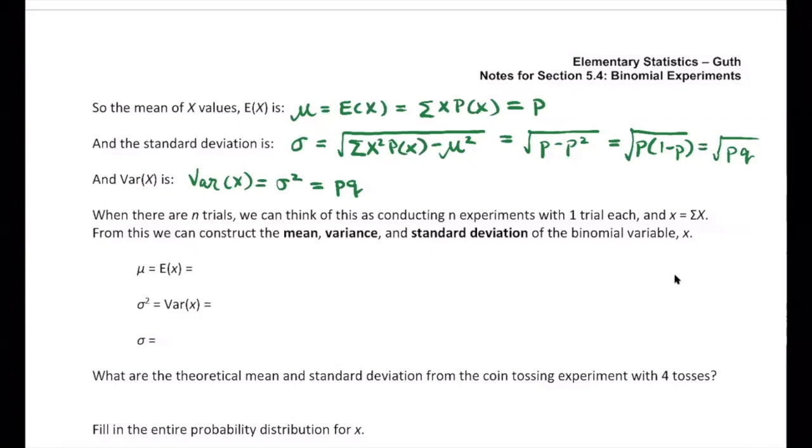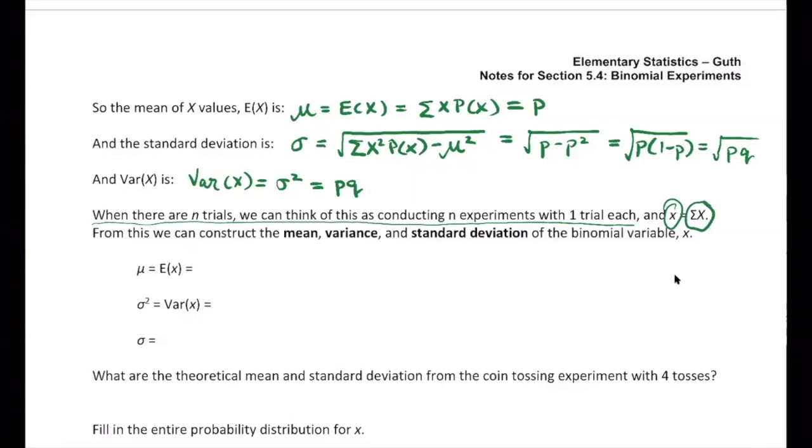Now, going down here, it says when there are n trials, we can think of this as conducting n experiments with one trial each, which is to say, if you drop 4 coins, that's like doing the experiment with one coin 4 times. So little x is going to be the sum of the heads on each individual coin.